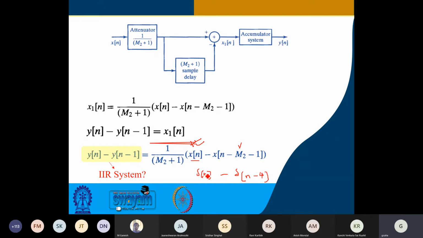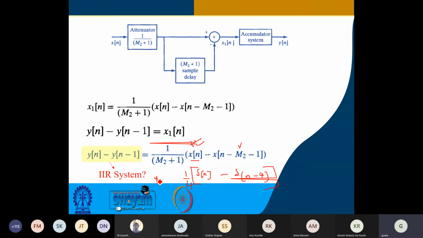So this is my system, and of course this is 3, so it is 1 upon 4. And here this is yn minus 1. We can go ahead with yn notation. Later on we can replace it with hn, because del n is the input.